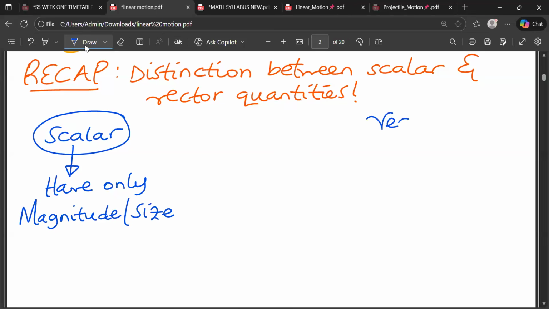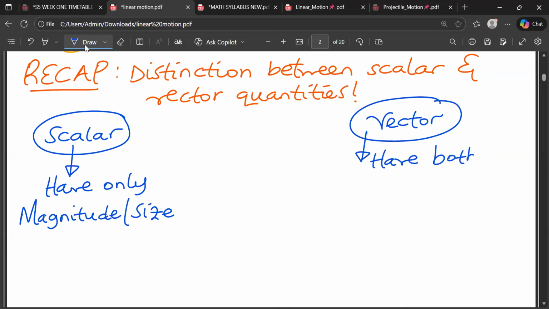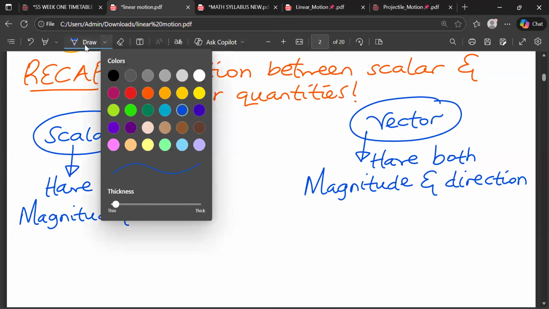Then she added and said, for vector quantities, these ones basically have both magnitude or size and direction. Very important.